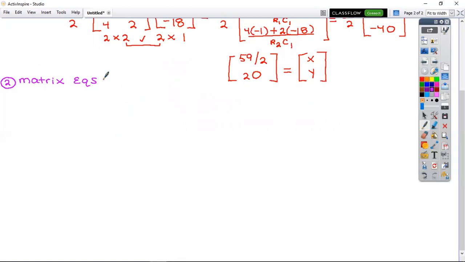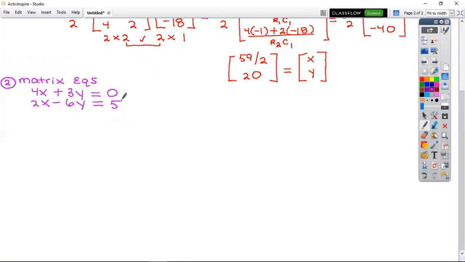So I'm going to go 4x plus 3y, I made your life a little easier, equals 0. And then I want to go 2x and minus 6y is equal to 5.